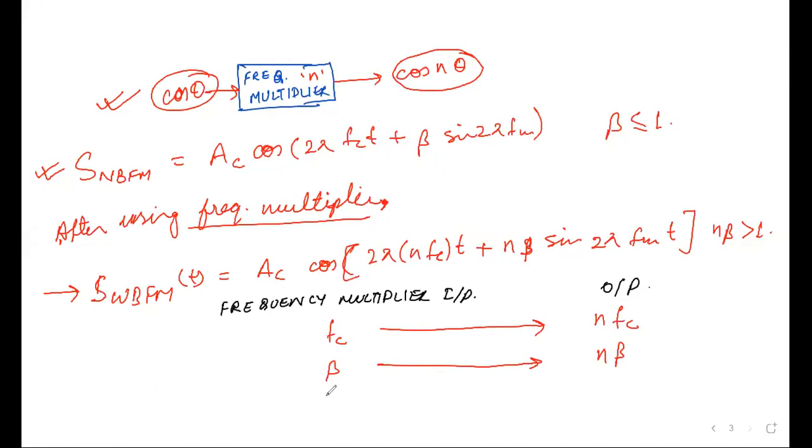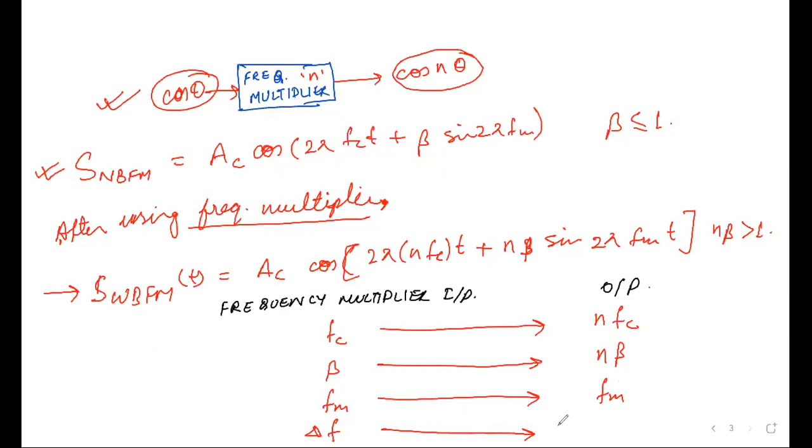What about FM? There is no change in FM after passing through the multiplier, so it will remain as it is. And what about delta F? As we have seen, delta F is the frequency deviation.